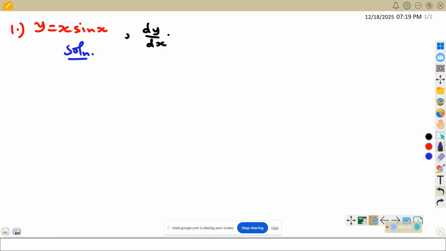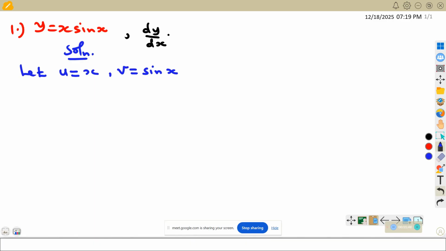We differentiate x and we also differentiate sine of x separately. So our x will be u and sine x will be v. We first rate u to be x and v to be sine of x.